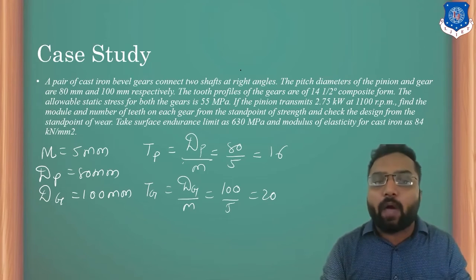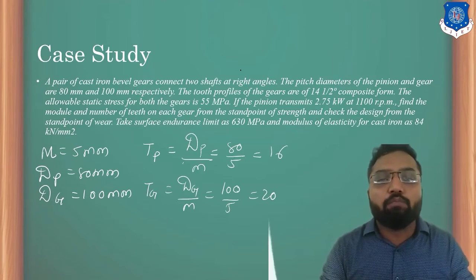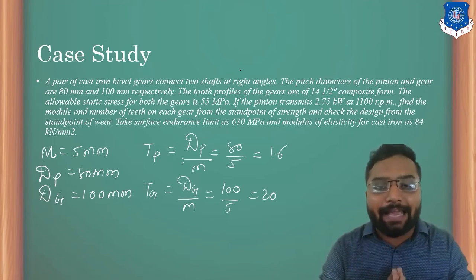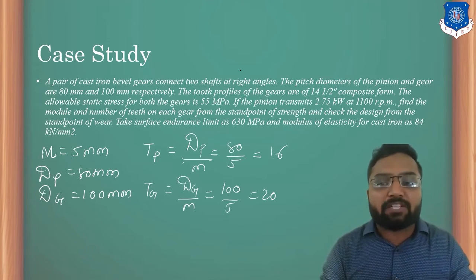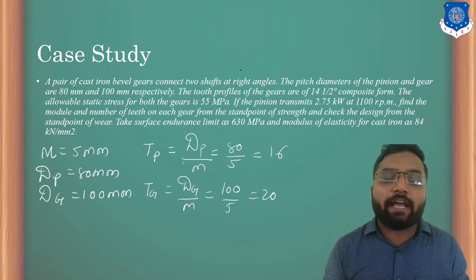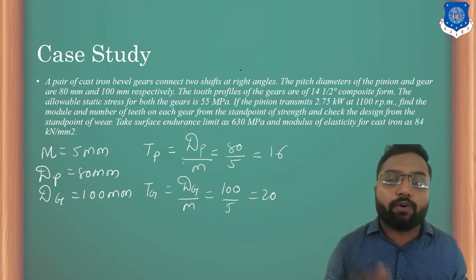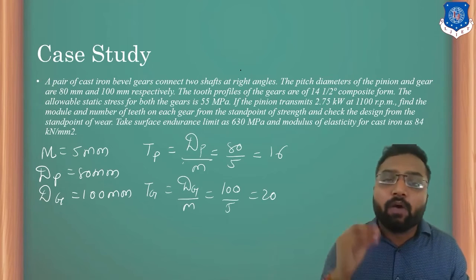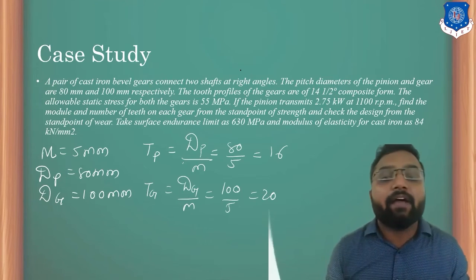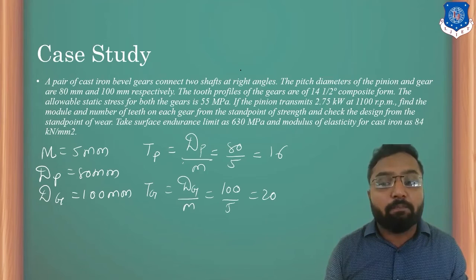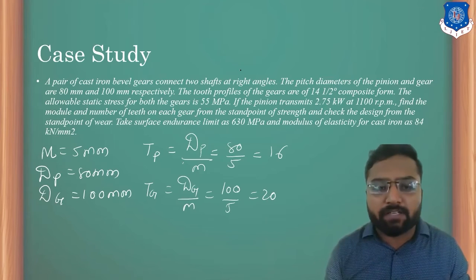After finding TP and TG, we moved on to our next portion. What was our next portion? The next portion is to find the wear load. But before getting into this, what we require to find this wear load is the endurance limit and the modulus of elasticity. Clear?